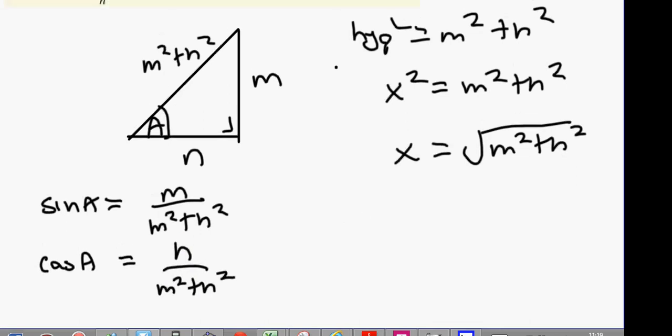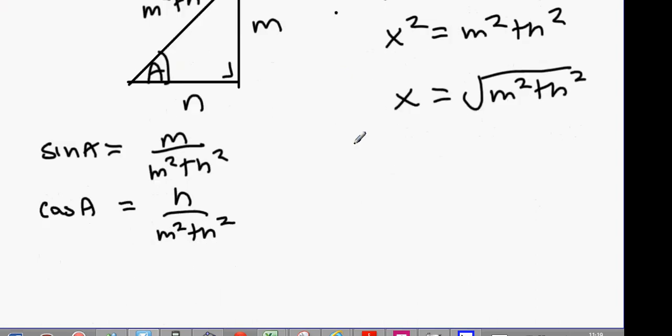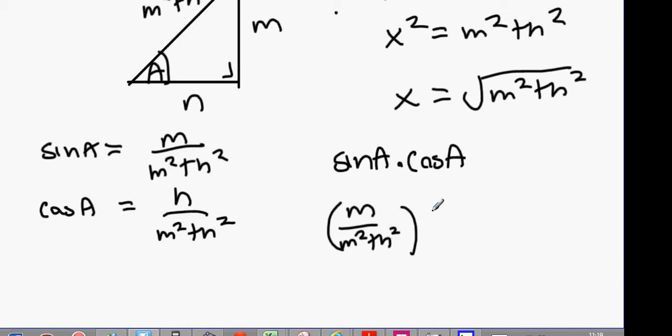And then it asks to figure out what is sine A cos A. So what is sine A multiplied by cos A? Well, it's going to be m times the square root of m squared plus n squared divided by n times the square root of m squared plus n squared. M by n, mn.